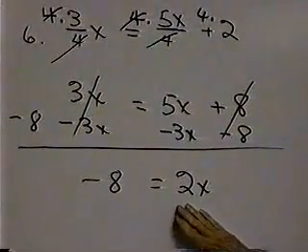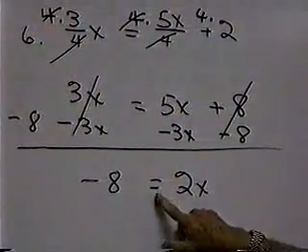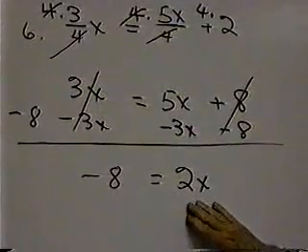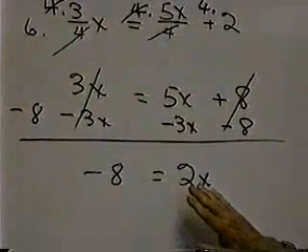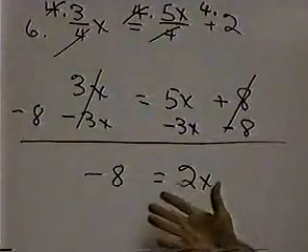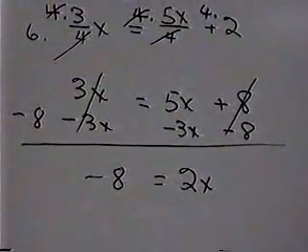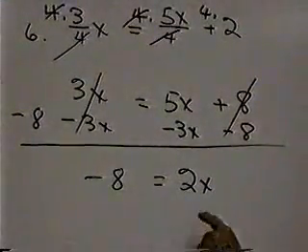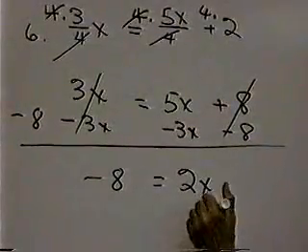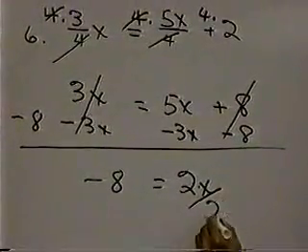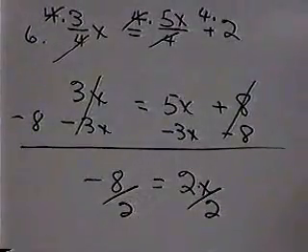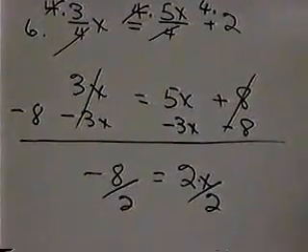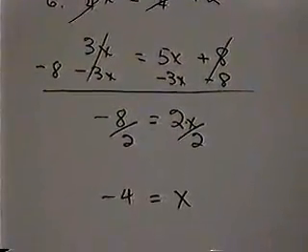Because when you start dividing by minuses, it changes that in inequalities. Okay, so my suggestion is always move things so that you'll have a positive x. All right, how's the 2 connected to the x? It's multiplied, therefore we divide. And so we get x is equal to minus 4.